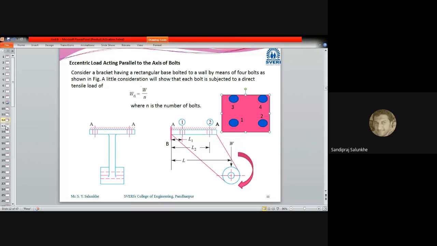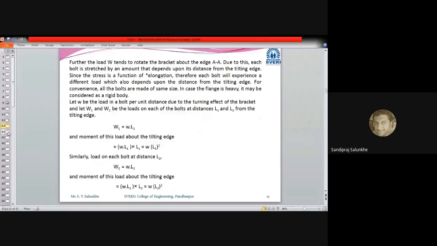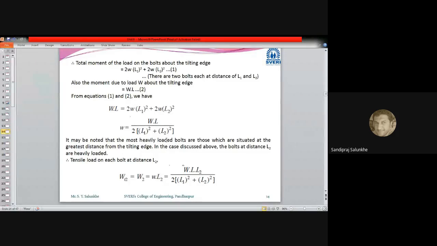We are going to take this moment together. That will be 2 into w L1 square plus 2 into w L2 square. This is the first equation.